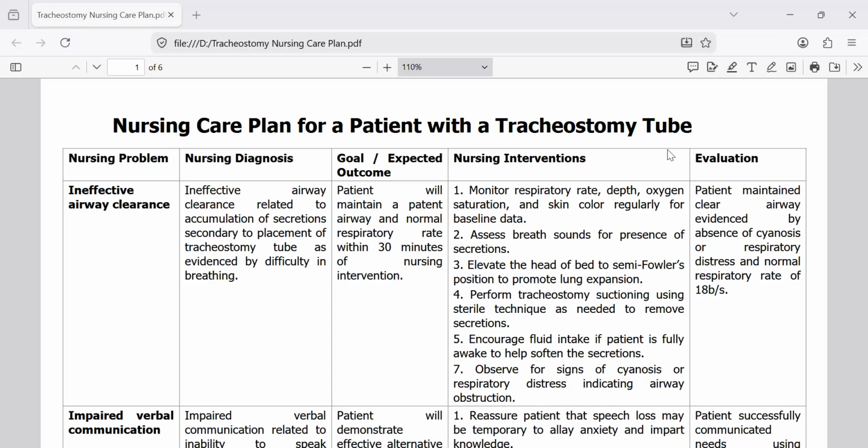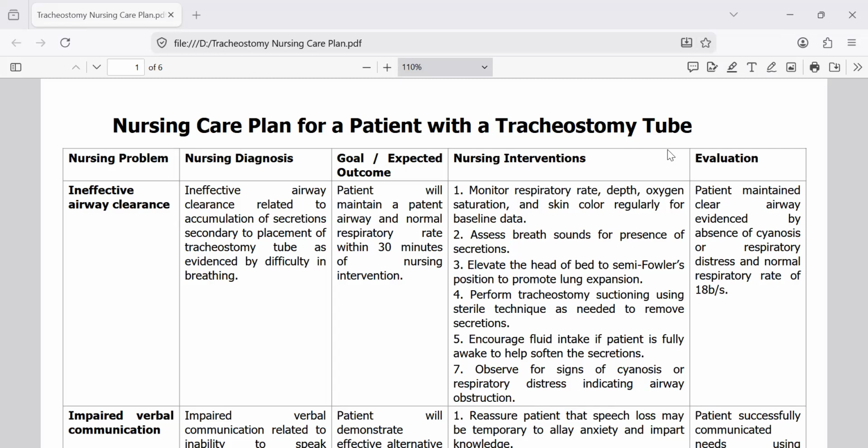So our goal, basically: the patient will maintain a patent airway and normal respiration within 30 minutes of my nursing intervention. So always remember, these goals are SMART.